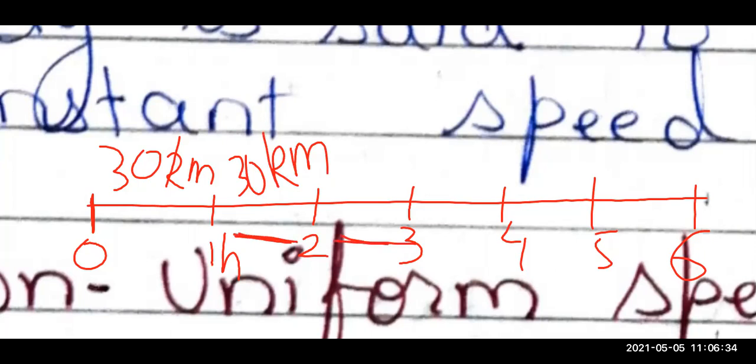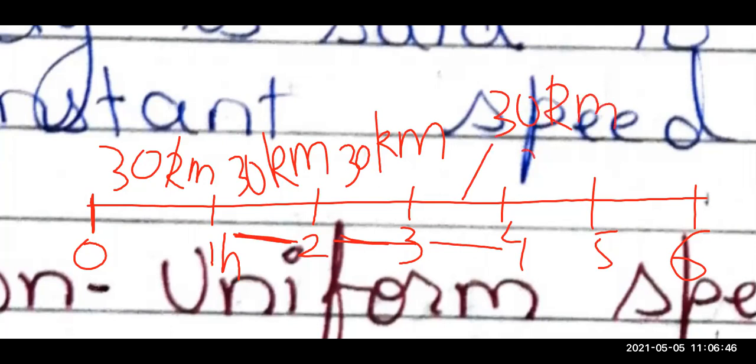Then in the next 1 hour, you note down the distance covered by your car and see that it is again 30. So in each hour the distance covered is 30 kilometers. Equal distance is covered in equal gaps of 1 hour.